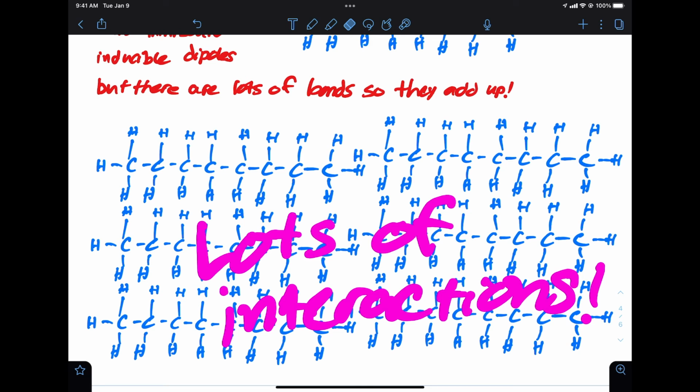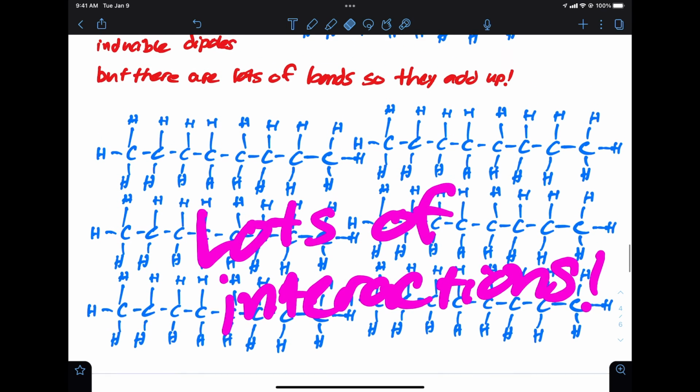You can get strong intermolecular forces without those permanent dipoles. So nonpolar molecules interacting strongly with nonpolar molecules results from these fairly large molecules with very minuscule dipoles, but those dipoles interact in large quantities. Okay, so you get lots of interactions from these.